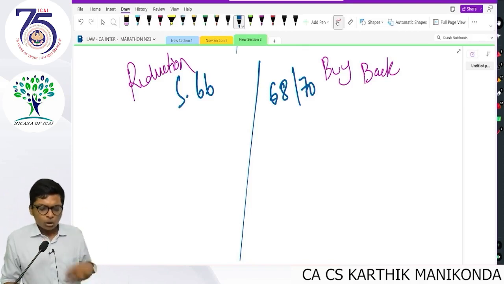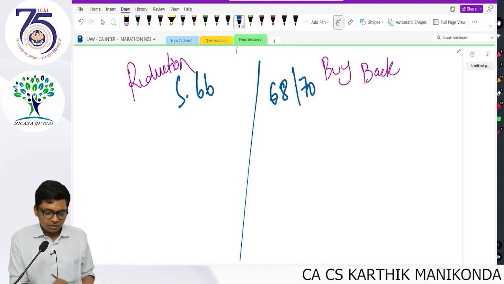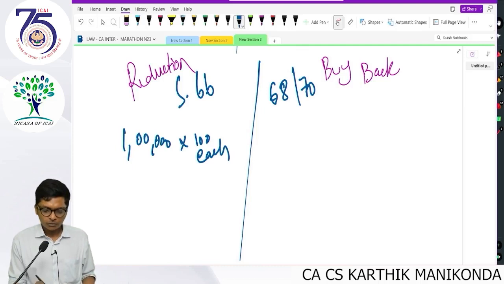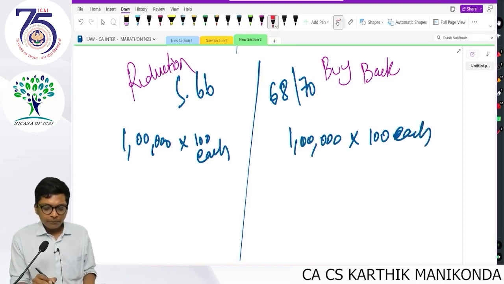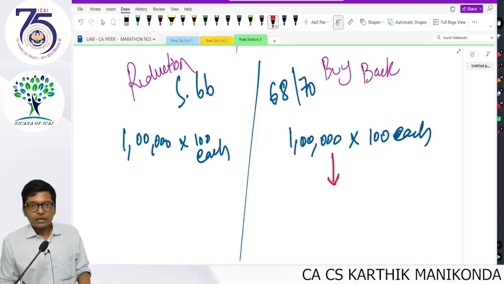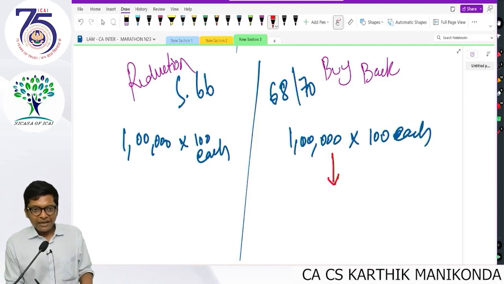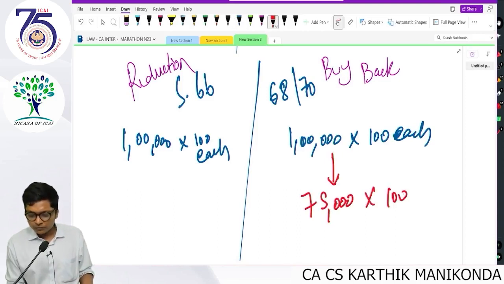Okay. Now, what is buyback and reduction? 1 lakh shares of 100 each. Follow, guys. After buyback, the company will have 75,000 shares of 100 each.